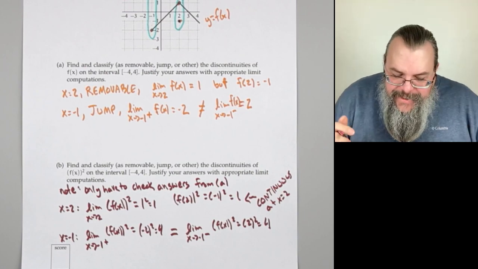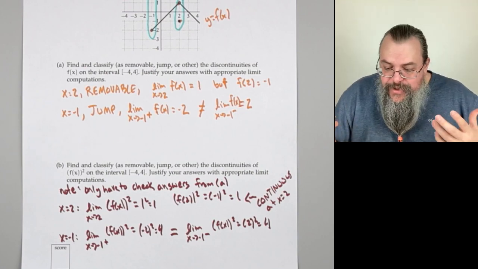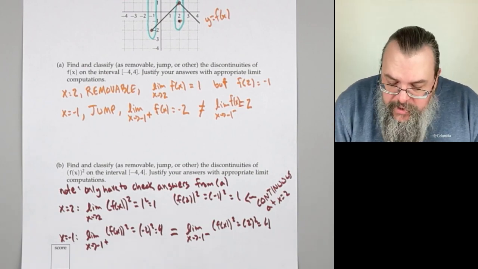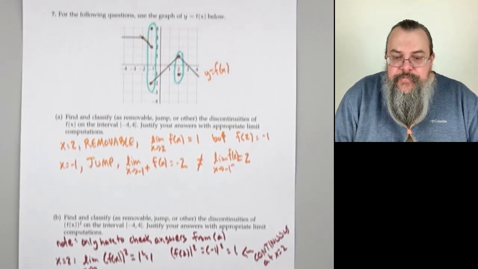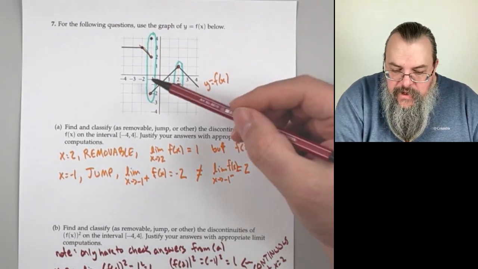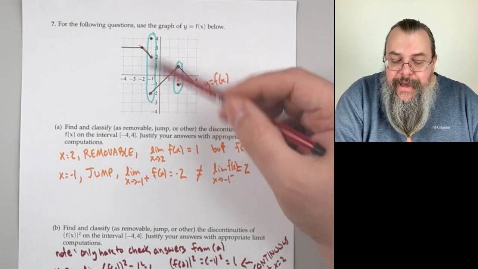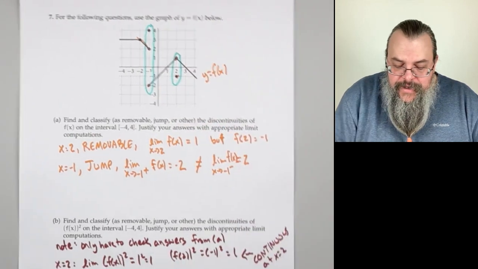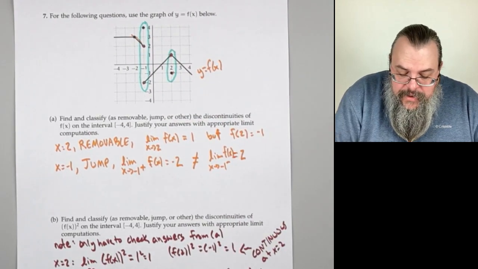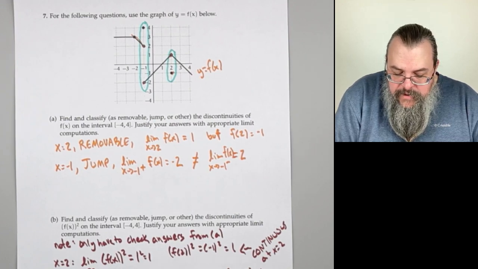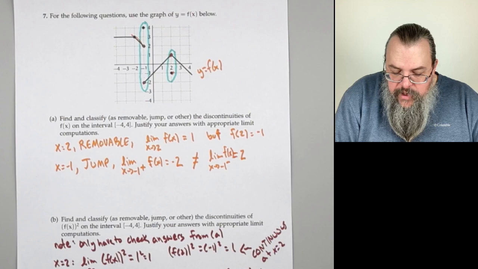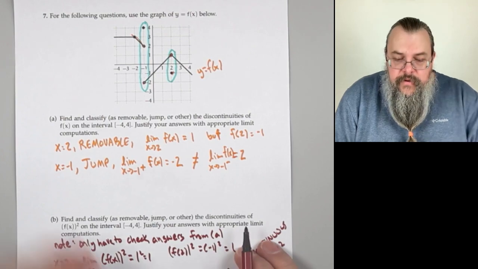That's cool. But wait, we're not done. What happens at negative 1? So, f of negative 1 squared, whoops, sorry.